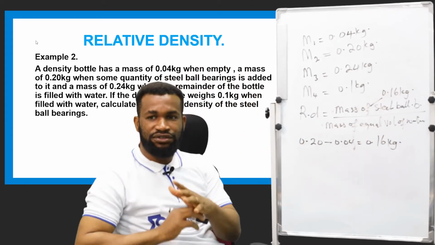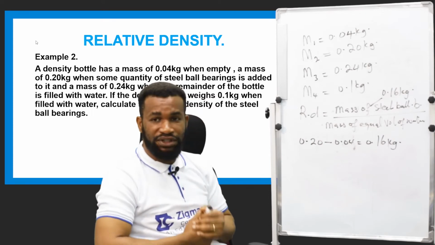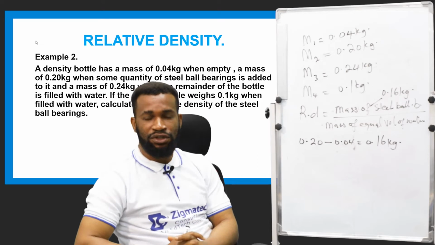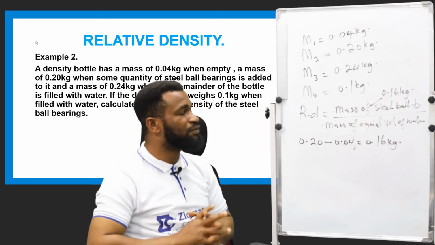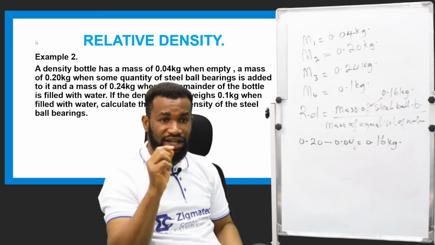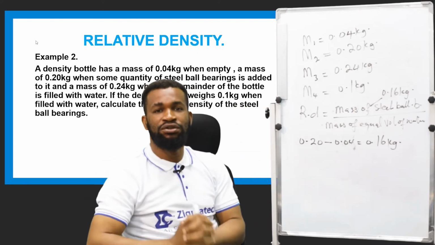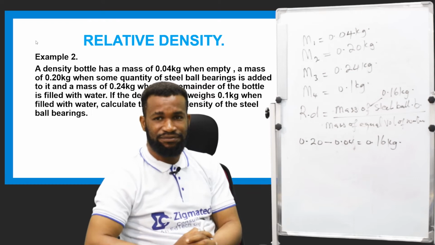Now, the most technical aspect of this topic is the one down here, because it's a practical question. What you have to do first is to find the total mass of the water that filled the whole container when no substance was inside the container.